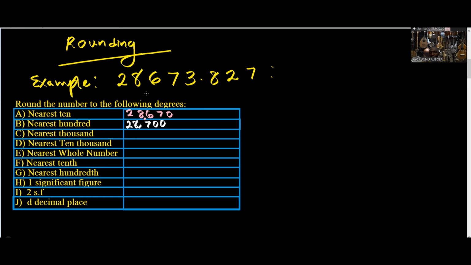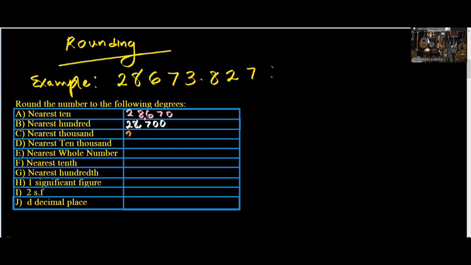Then the next one is the nearest 1,000. The 6 is greater than 5. So any number 5 and above can affect this one, okay?